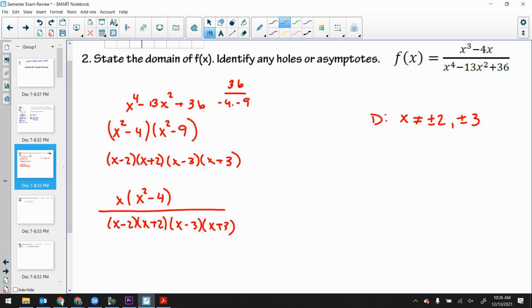And isn't an x squared minus 4 all of that x minus 2, x plus 2? Remember that holes arise whenever things cancel out. So the holes here are at x equals plus or minus 2.